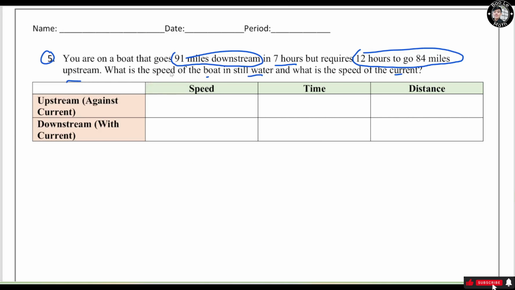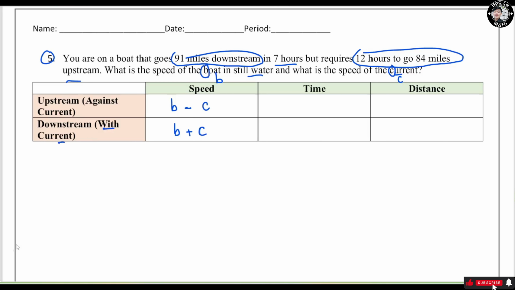I'm going to call the speed of the boat in still water B, and the speed of the current C. I just use the first letter. If the boat goes upstream, you have B minus C, and downstream, you have B plus C.